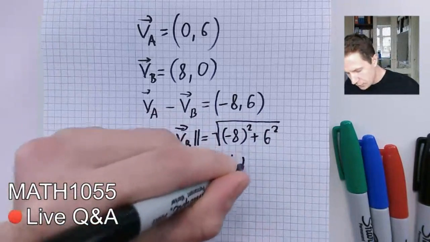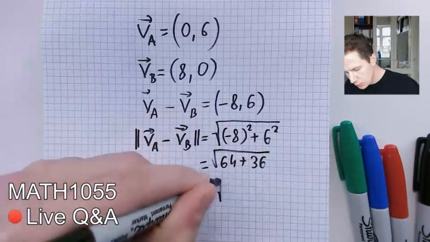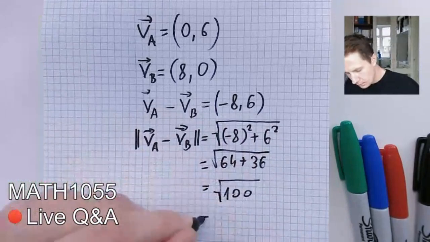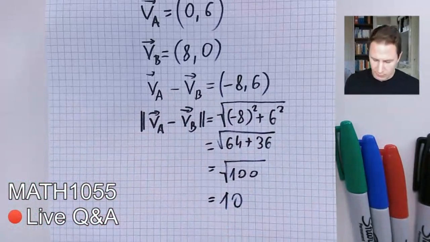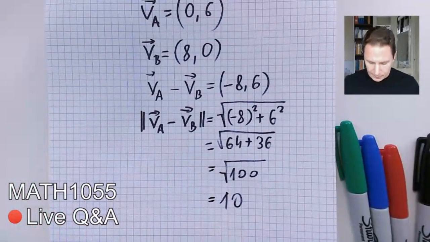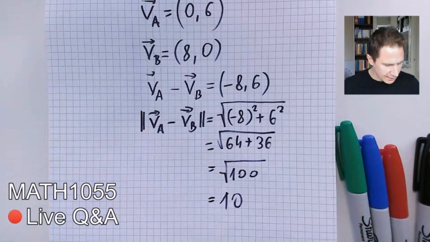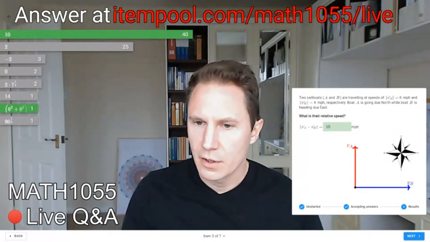That's 64 plus 36 under the square root, so that's root 100, which is 10, since we are looking at a length, a non-negative number. So that was the solution. I hope it was clear. Well, let's move on to the next question.